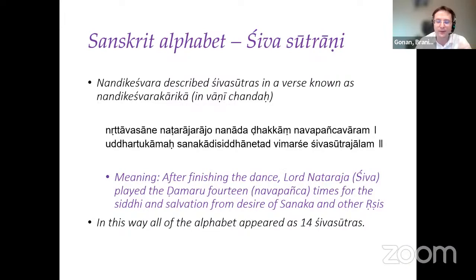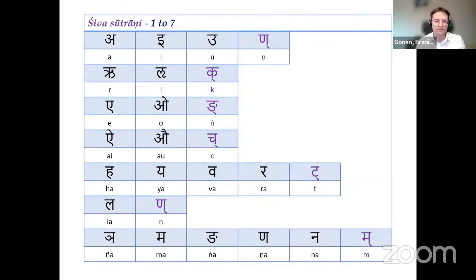So this is very, very interesting that Shiva himself gave Sanskrit letters, the Sanskrit alphabet, to the rishis to grant them siddhi and salvation from desire. This is so nice, right? And in this way, all of the alphabet appeared as 14 Shiva Sutras.